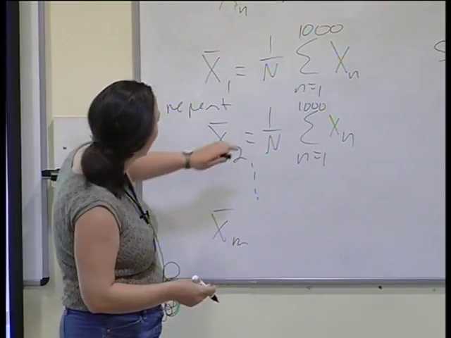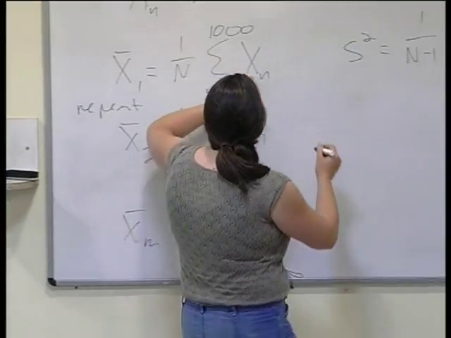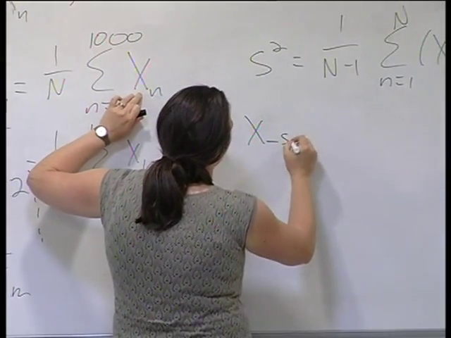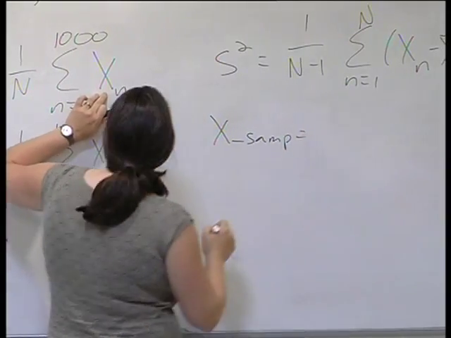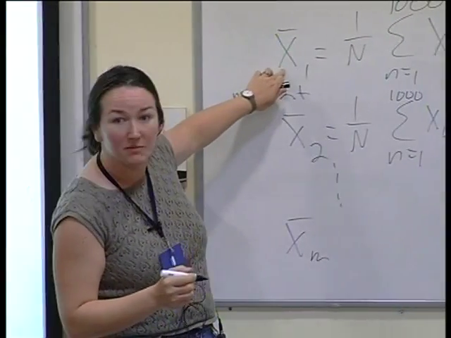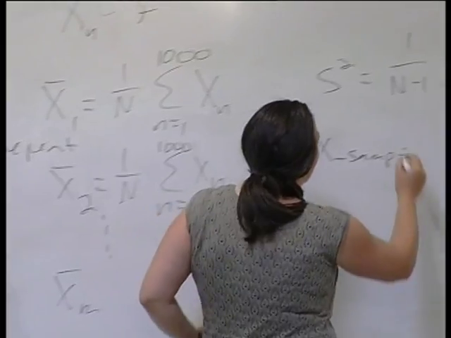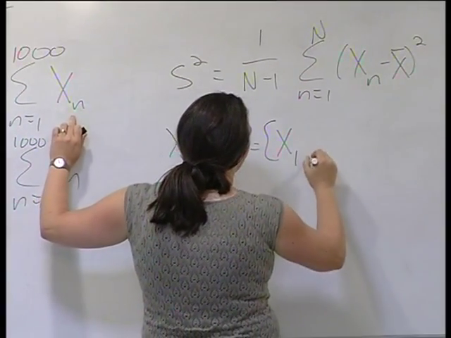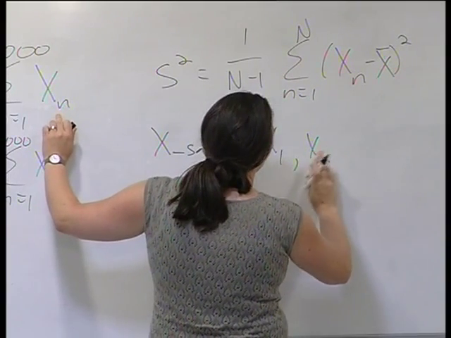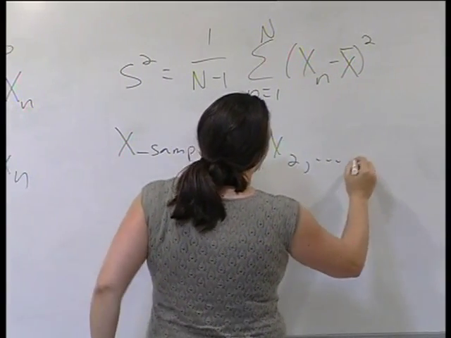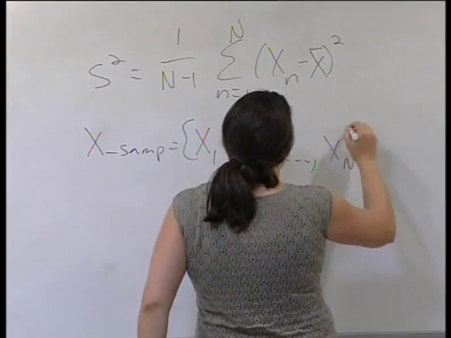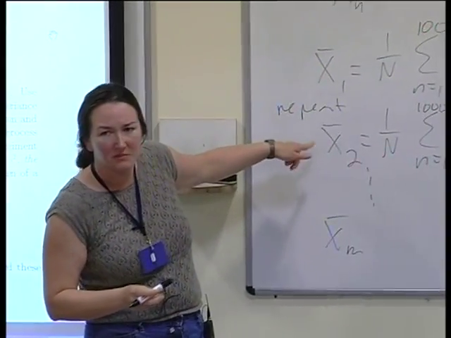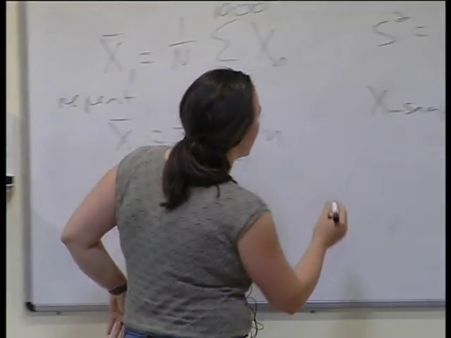And actually, say I have a vector called Xsamp that has all of these samples in it, X1, X2, to Xn. You can go ahead and calculate the mean because this is a very easy operation.